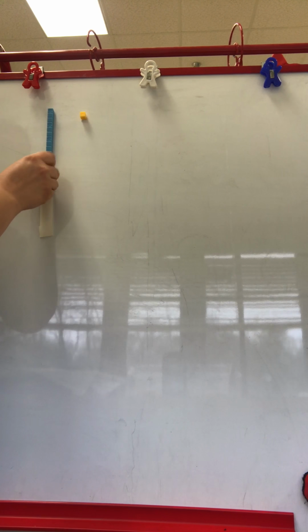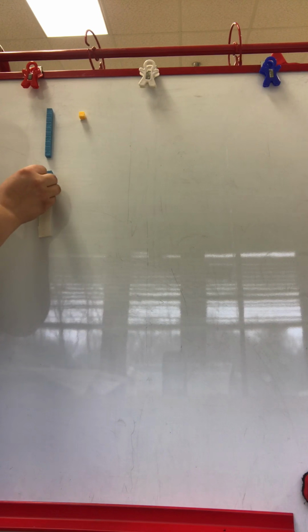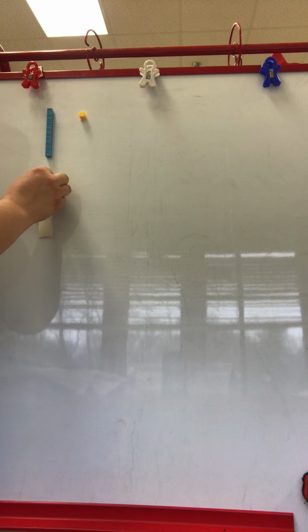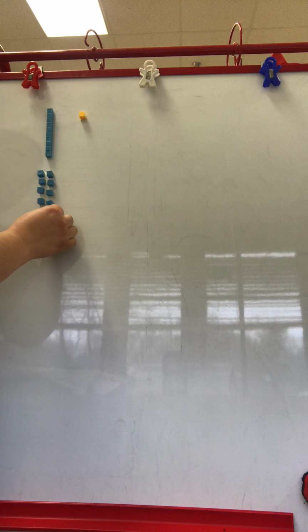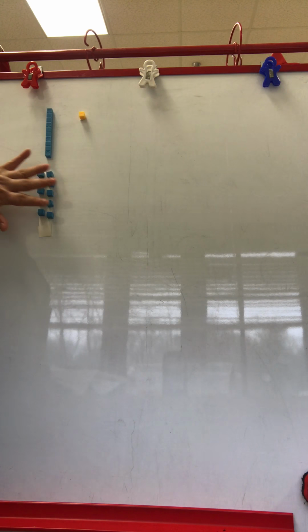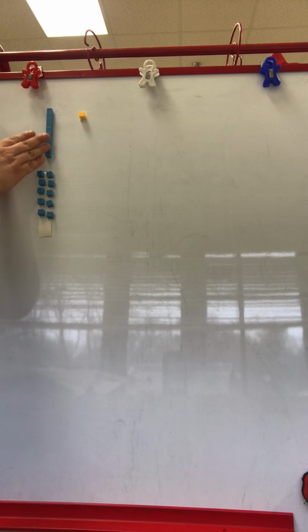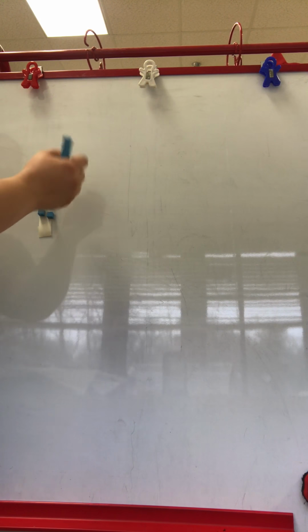A lot of you will remember that 10 of the little squares equals a tens rod. And that's what we're doing on our math this week, is we're bundling all of these ones into a tens rod so that it's easier to count. That's all they're trying to do. They're trying to make it easier for you.